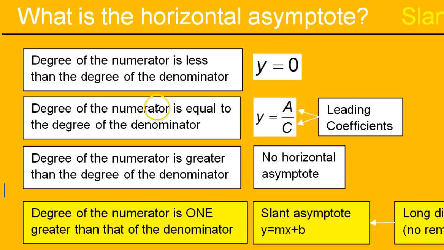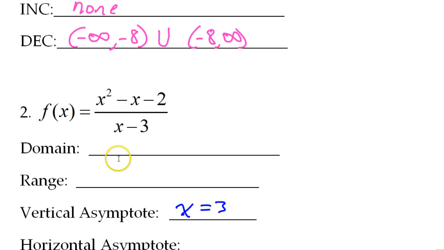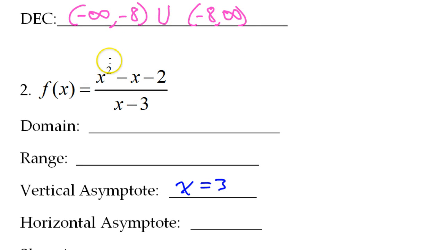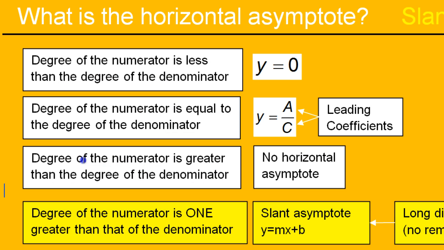Is it equal to? Or is it greater than the denominator? Okay, so the degree of the numerator is 2. The degree of the denominator is 1. So the numerator has a higher degree. Now, if the degree of the numerator is greater, that means there will be no horizontal asymptote.